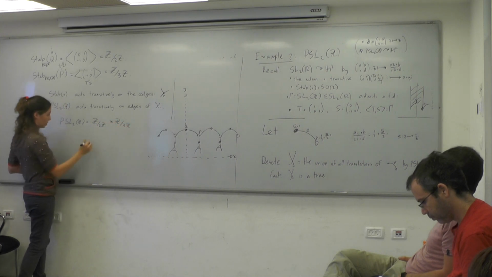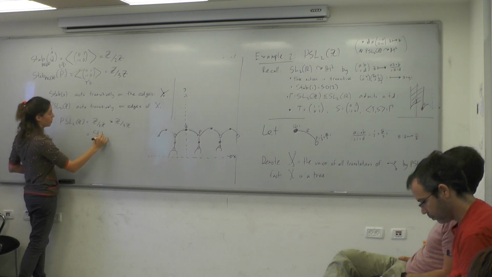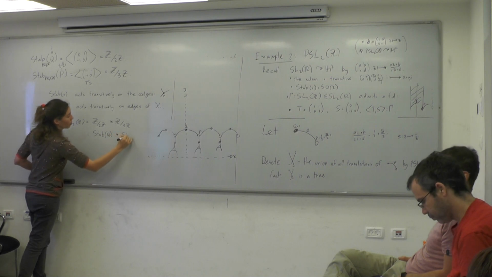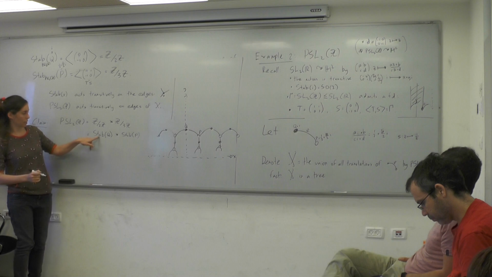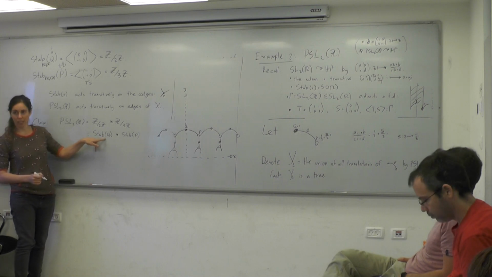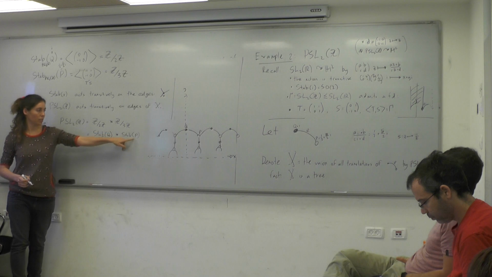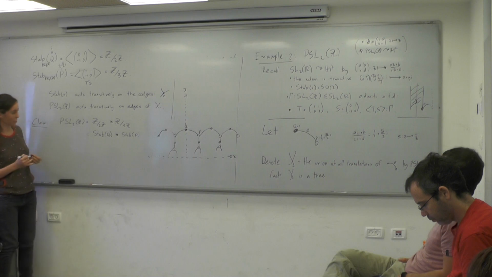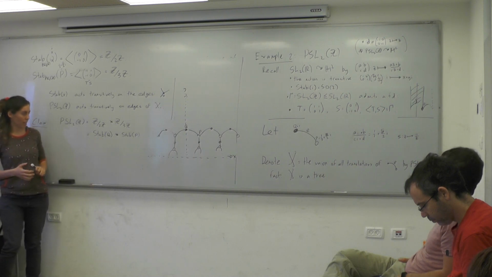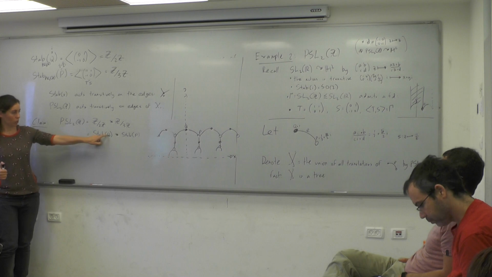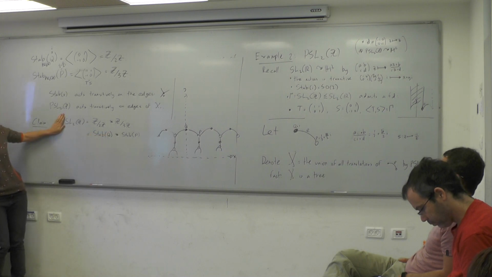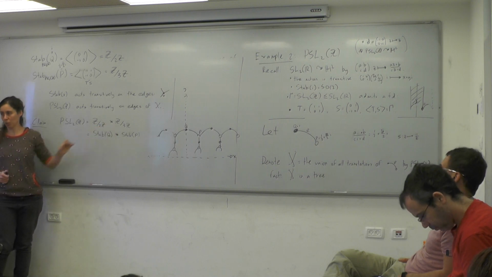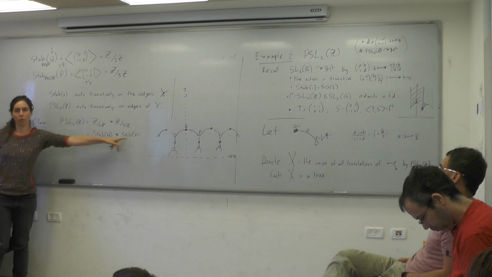Or in other words, it's just the amalgamated product of the stabilizer inside the group of Q with the stabilizer inside the group of P. This is the stabilizer inside PSL2Z and the stabilizer inside PSL2Z. And here it's the free product. And after we are done, we will also observe that if we consider just SL2Z, then it will be the amalgamated product along Z mod 2Z, which is the common subgroup of both stabilizers.